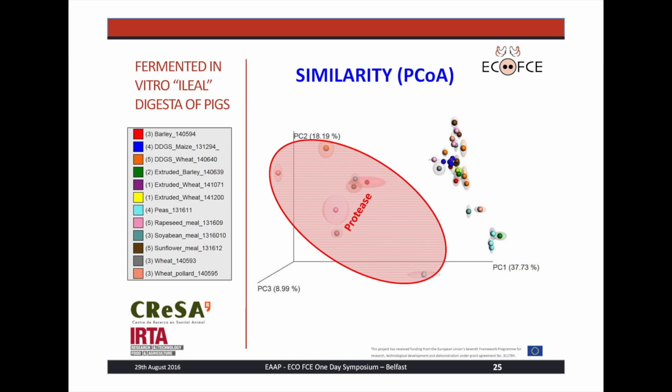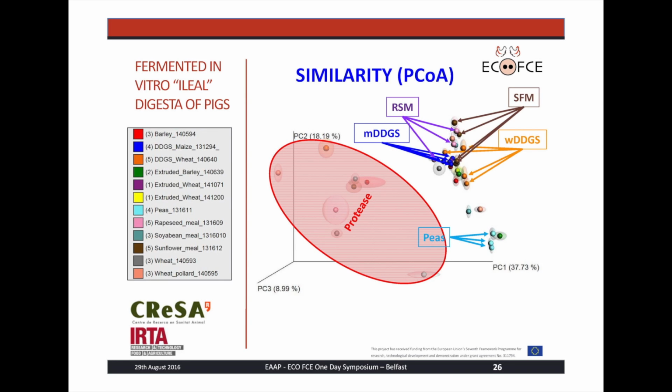So this seemed to deviate from the rest of the treatments without protease. And then for ingredients, there seemed to be a tendency to group together. So, for example, the peas, that's without the protease, they seem to group together here. The wheat DDGS also seem to go together. Sunflower meal, rapeseed, and then maize DDGS also seem to do. So there's kind of an ingredient effect on the microbiota.